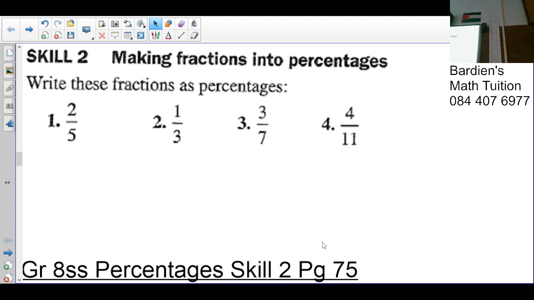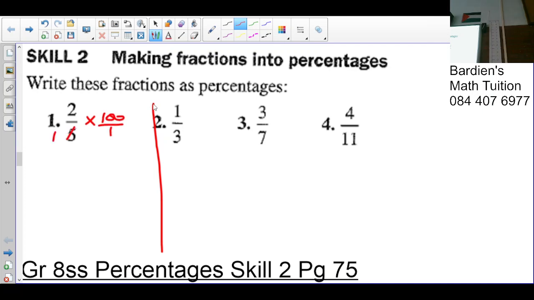If you want to write this as a percentage, I would simply multiply this by 100. But that's naturally over 1. 5 goes into 5 once, 5 goes into 100 20 times. So it's going to be 20 times 2, which is 40 over 1, which is 40%.